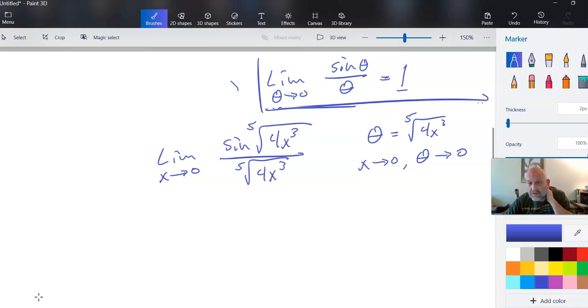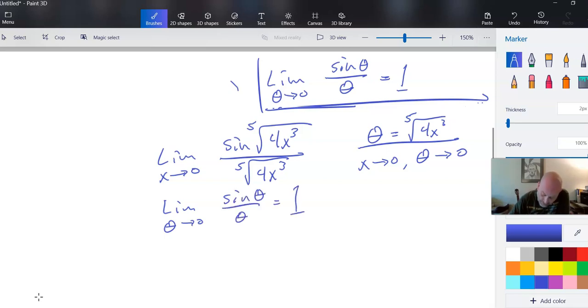As long as those things are interchangeable like that, you can do this. I can change this now. I'm going to let theta equal this. And if theta equals that, I can turn this into the limit as theta approaches 0 of sine theta over theta, which is 1. Right? So it makes some problems that look rather daunting move rather quickly.